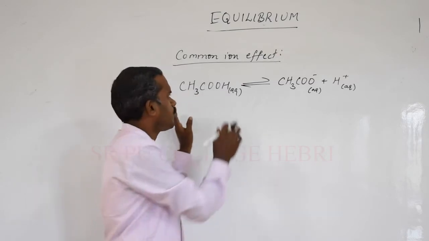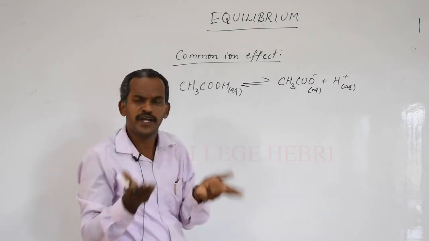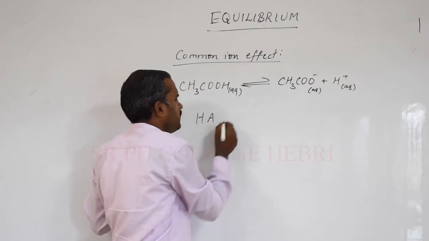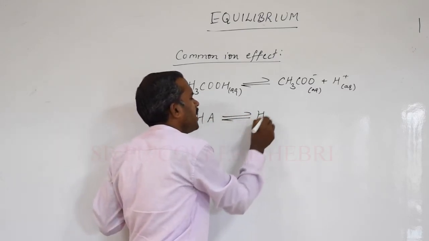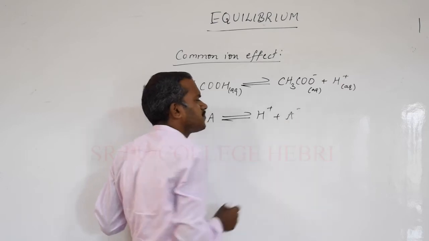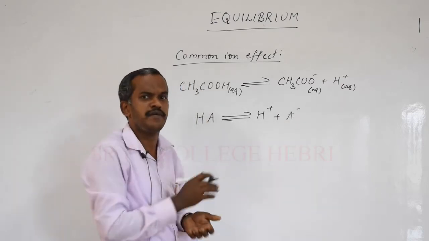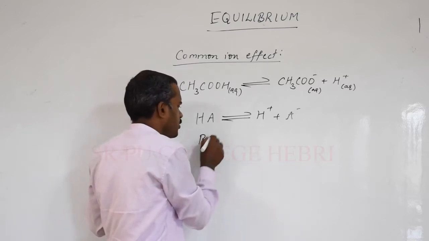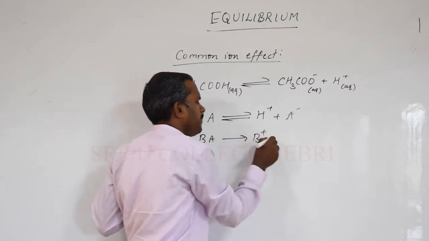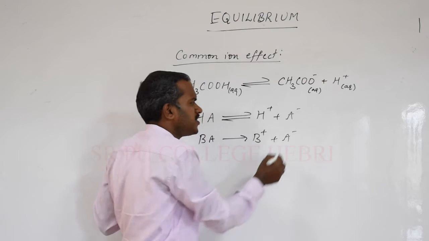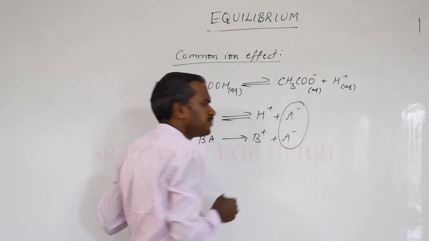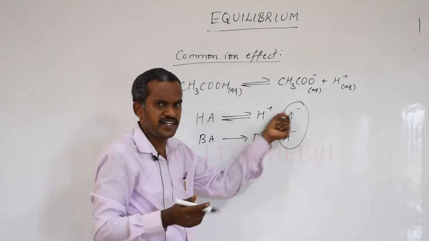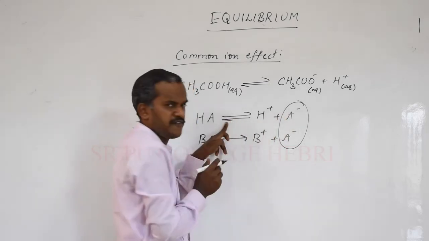Are you clear? So this is one of the examples. You can take up any other example also. If I take HA, a weak acid, it dissociates forming H plus and A minus. Now if I add some other substance which will produce A minus, for example a strong salt BA, it will form B plus and A minus. Now the common ion is this A minus. As soon as the concentration of A minus is increased, the equilibrium is affected.